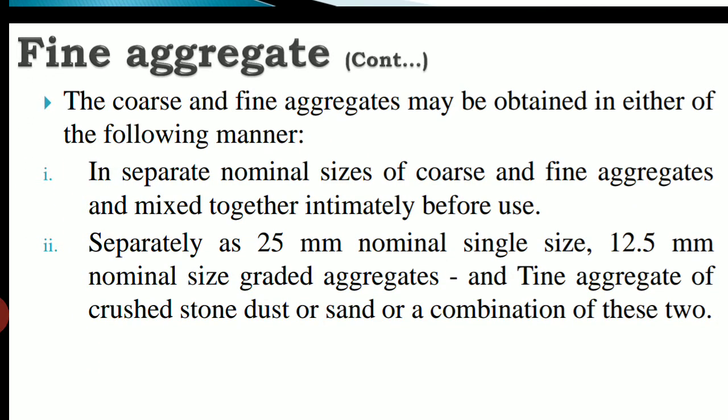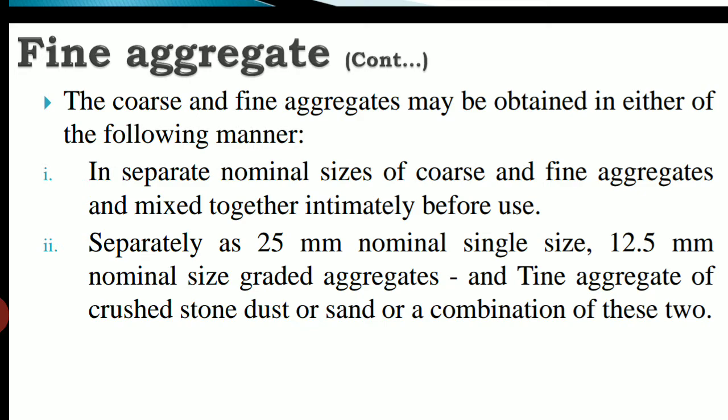And the coarse and fine aggregates may be obtained in either of the following manners, right? In the first case, in separate nominal sizes of the coarse and fine aggregates, mixed together immediately before use. So here we can choose the size of the materials of both coarse aggregate as well as fine aggregate, and then use them before the mix.